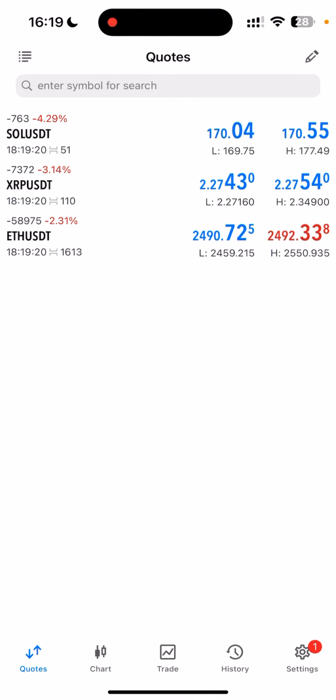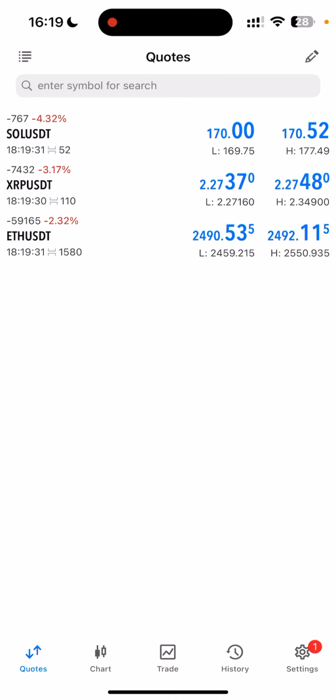Now, one thing you should note, guys, is that the lot sizes you are going to use in taking these trades are going to be very, very different from what you would normally use when you are taking trades on normal currency pairs. So you don't make that mistake of using the lot size that you use on normal currency pairs here on crypto.